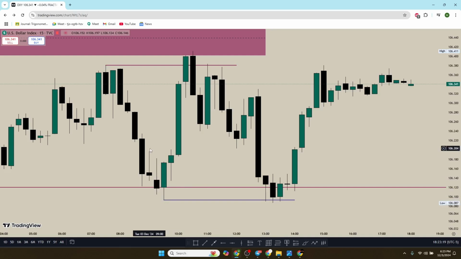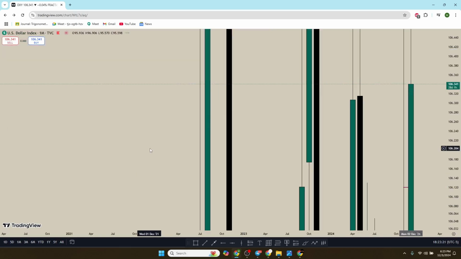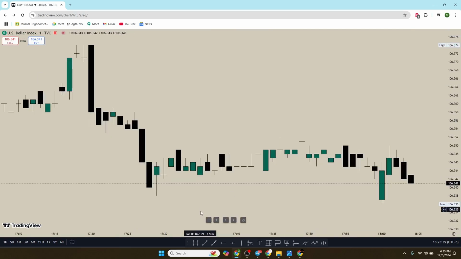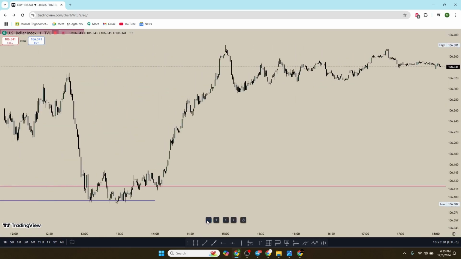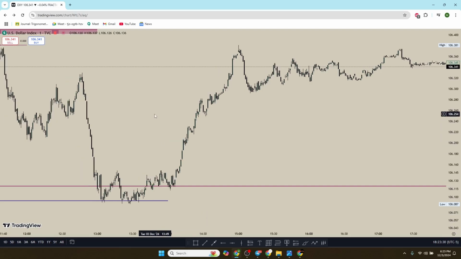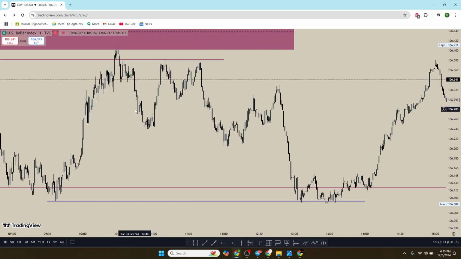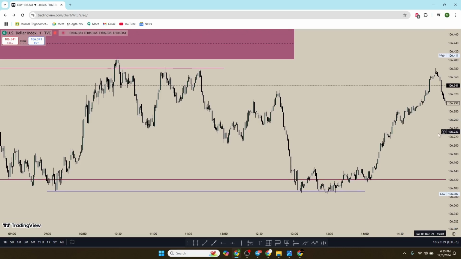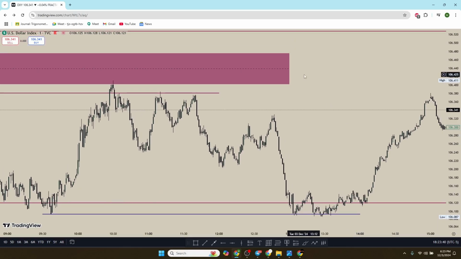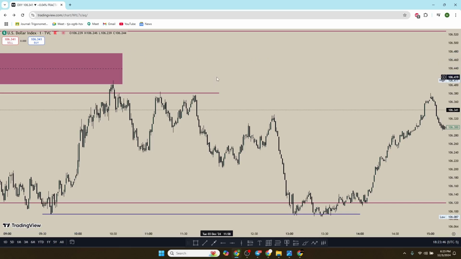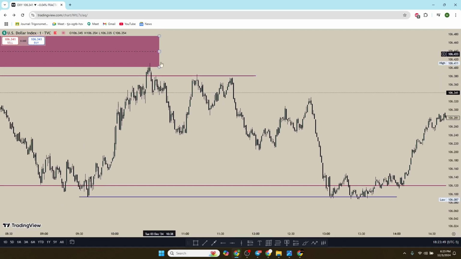So now if I go on a 1-minute chart, a lot of people say the 1-minute chart is just noise. I think it's precision. So this is the thumbnail you guys are going to see. We trade up into that imbalance, volume imbalance to be exact, because there was no volume there.